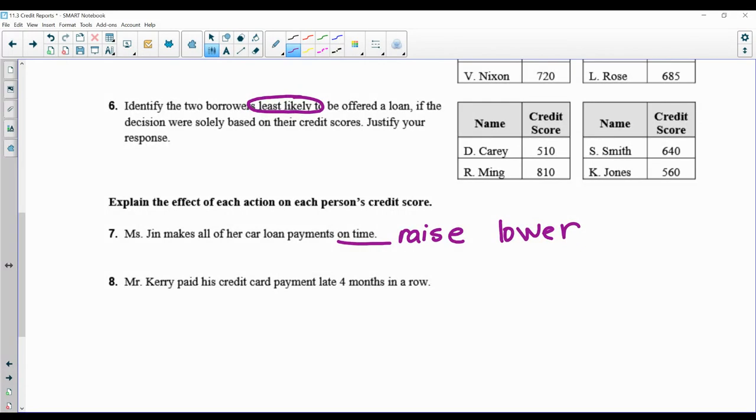Question number 8, Mr. Carey paid his credit card payments late 4 months in a row. So late, is that going to raise the credit score or lower the credit score?